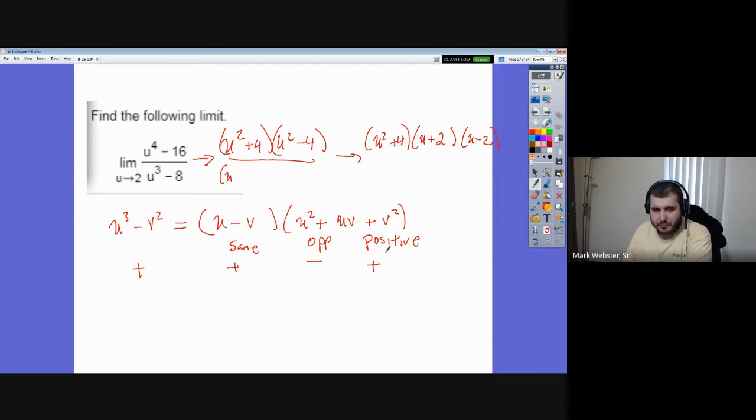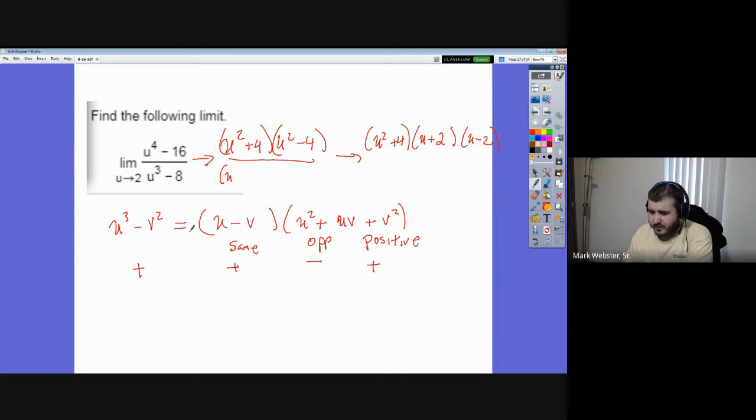Same, opposite, positive. If you can store u, v, u squared, u, v, u squared somewhere deep in the recesses of your mind, and then same, opposite, positive, you won't have to memorize this whole godforsaken thing on its own.